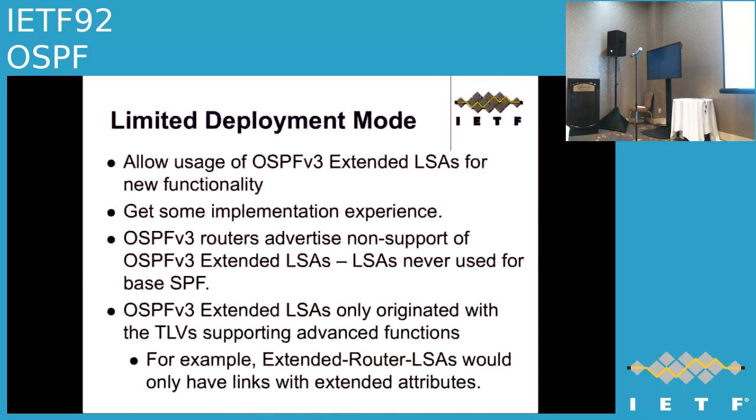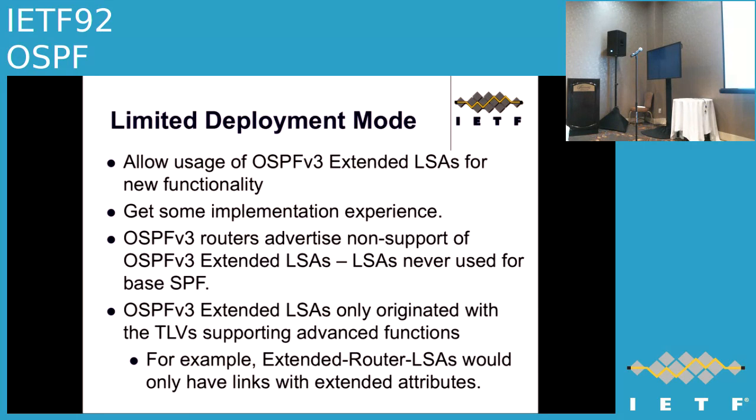Okay, here's the thing I was talking about that I'm not really that crazy about. But since we haven't gotten implementations, what we would do is allow usage of these LSAs, not in full deployments, but only for TLVs that you need to use for certain features. And the onus of backward compatibility would be on that feature.